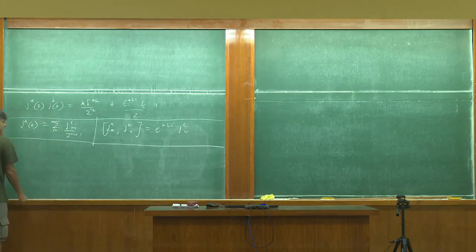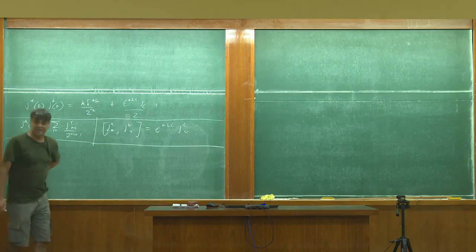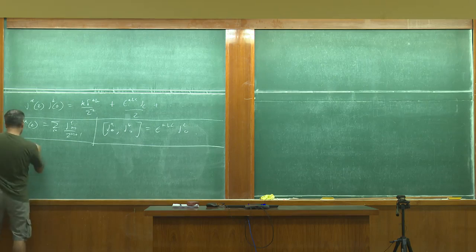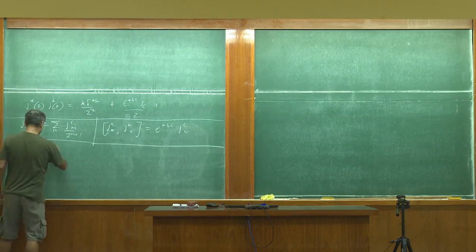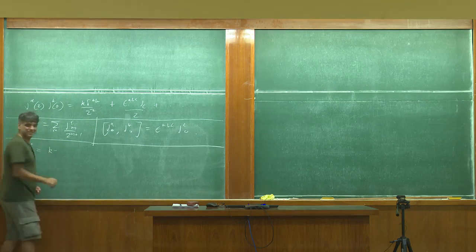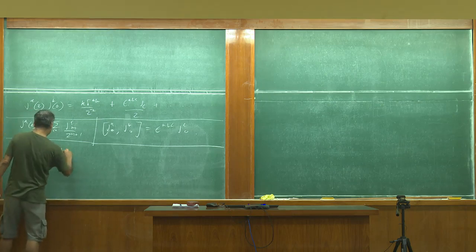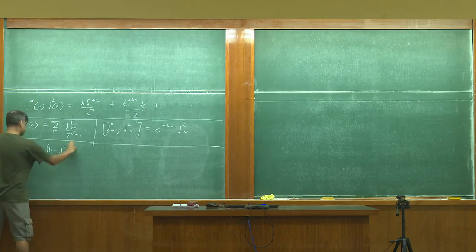Then we also did something more interesting in the last class. We defined J tilde such that J tilde_z 0 was equal to, can somebody help me here, was it 2K? K minus J3 0.